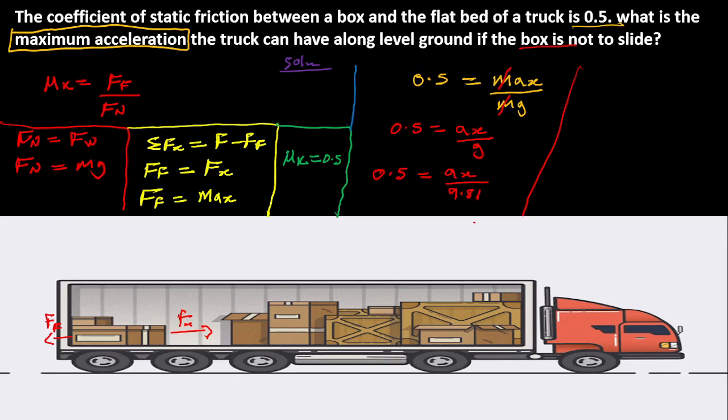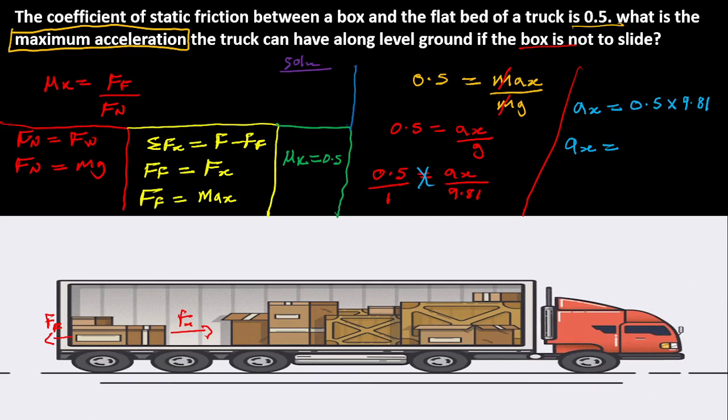When you have that information, you can easily work it out by cross multiplying. So ax is simply equal to 0.5 times 9.81. Can someone multiply those for me? What are you getting when you multiply?